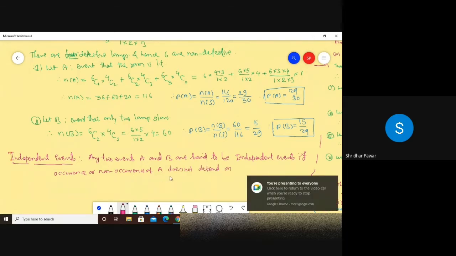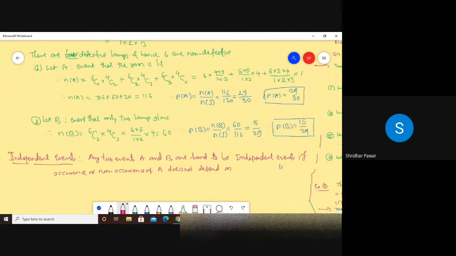So occurrence of A, any two events A and B are said to be independent events if occurrence or non-occurrence of A does not depend on the occurrence or non-occurrence of event B. Okay, so what does this mean?